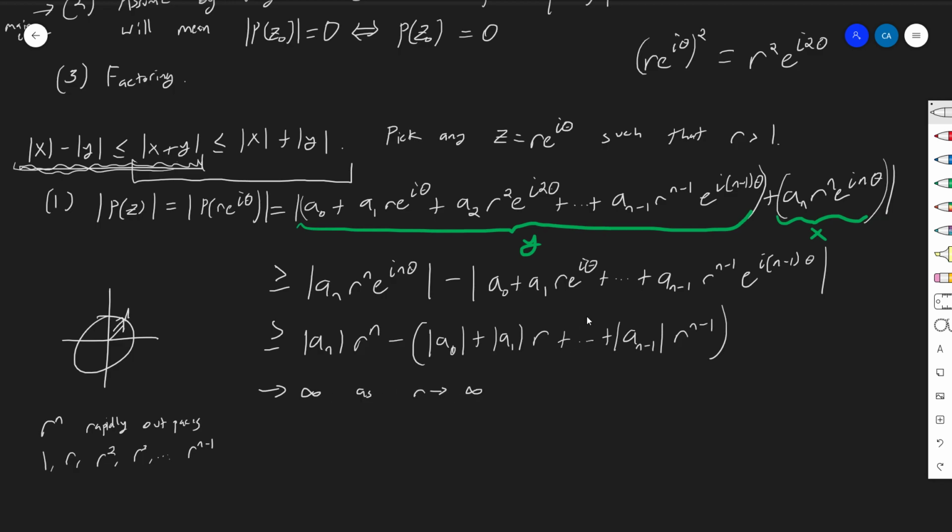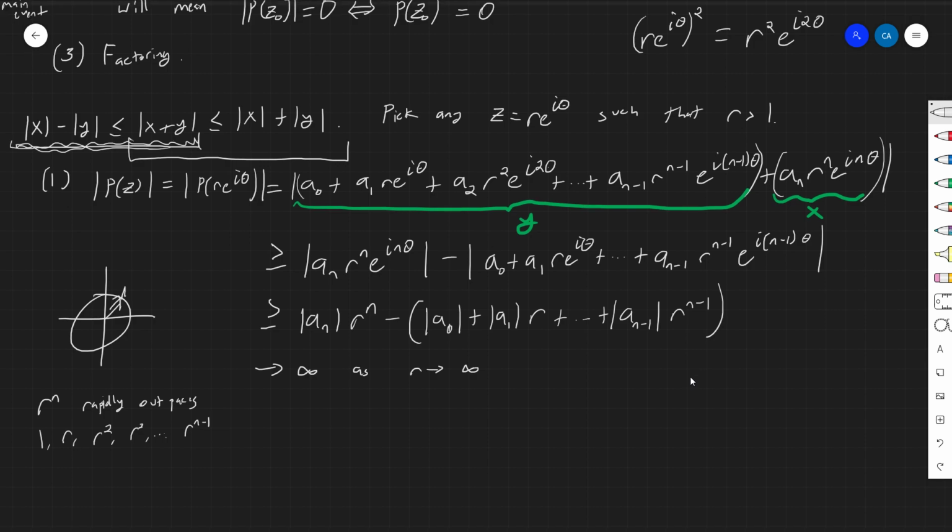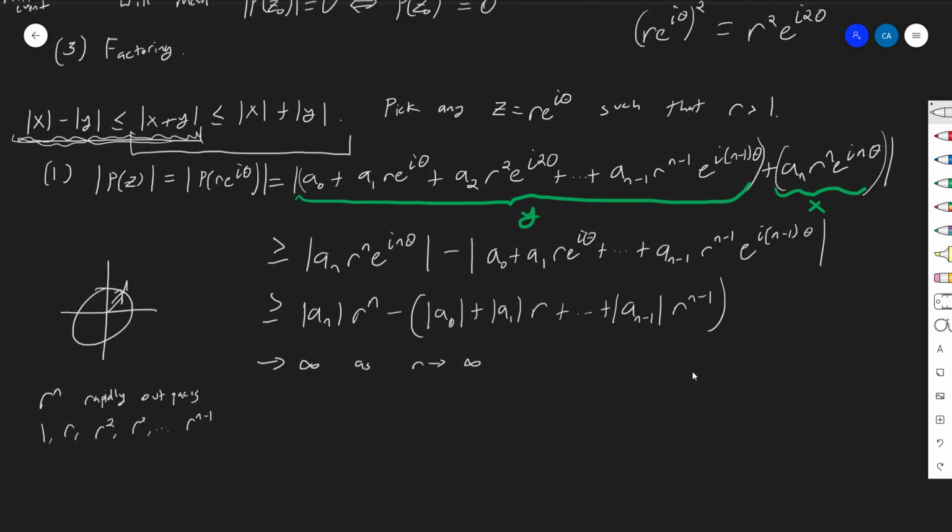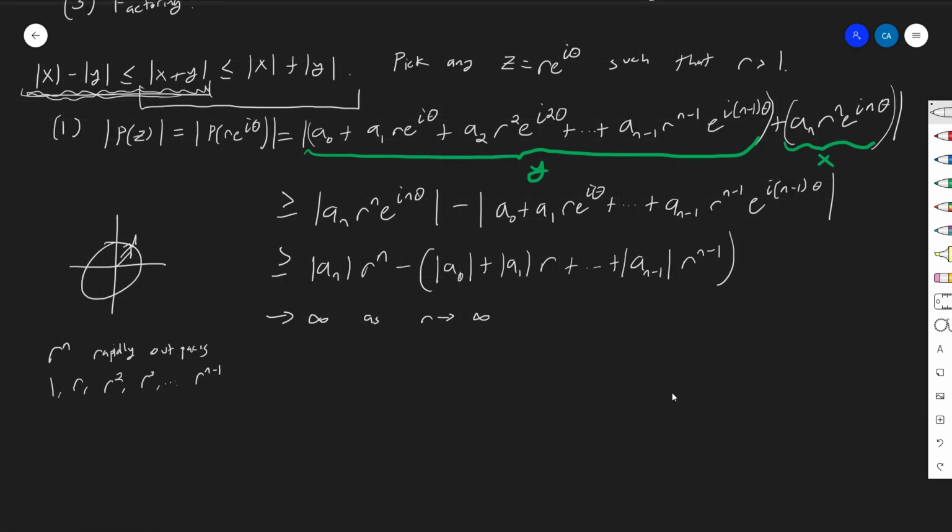In fact, I'm not even really sure why I made r greater than 1. I'm not sure I needed that. I don't think I did. So what we've observed is that eventually the polynomial just starts to get bigger and bigger as we move farther away from the origin.